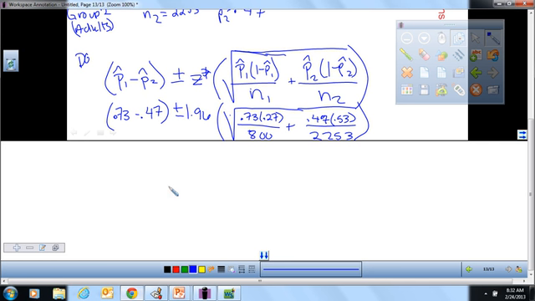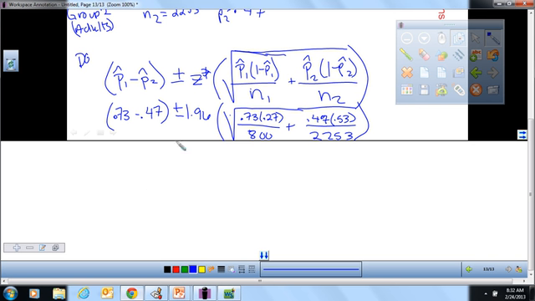Now I've shown my work of what I'm doing here. I can punch it in the calculator and get my values, or I can run this test from beginning to end in your calculator. I'm not going to show you how to do that because by this point you should be proficient enough to figure it out if you really want to. But this is how you're setting it up. You subtract these two and get a value plus or minus this times this.